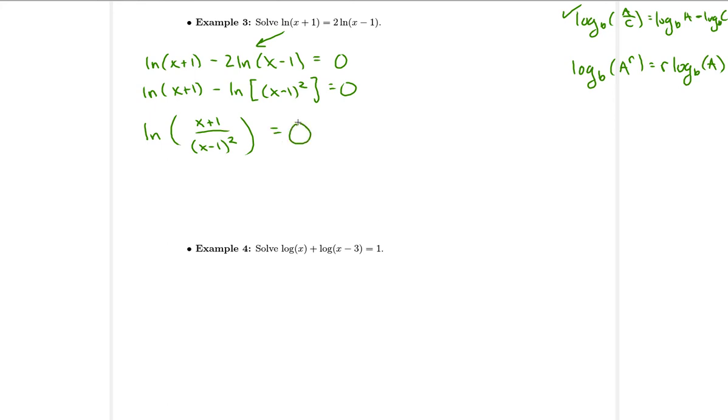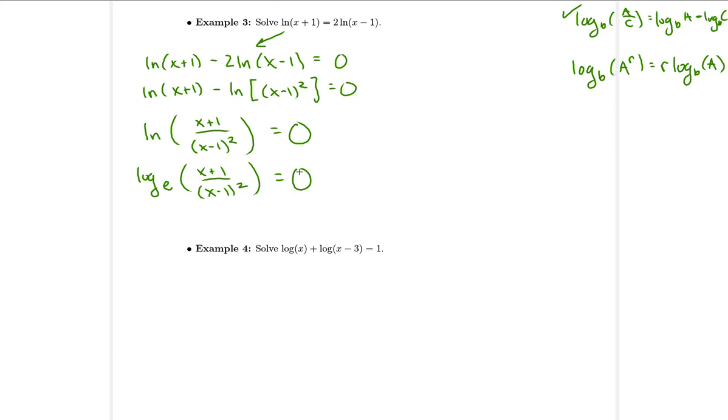Now, let's remember what the natural log means. The natural log is really the log base e of x plus 1 over x minus 1 squared. Right?